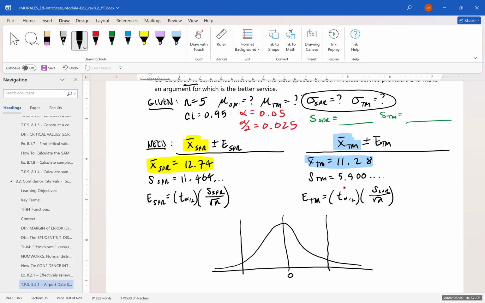This will be our positive t critical value, and here's our negative t critical value. The critical value separates the confidence level, which for us is 0.95, from the significance level, but we had to divide the significance level into two pieces because we had to put half on one side and half on the other side.